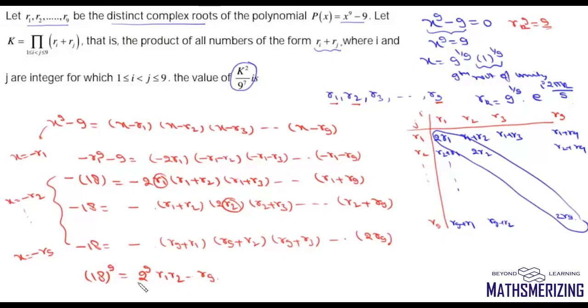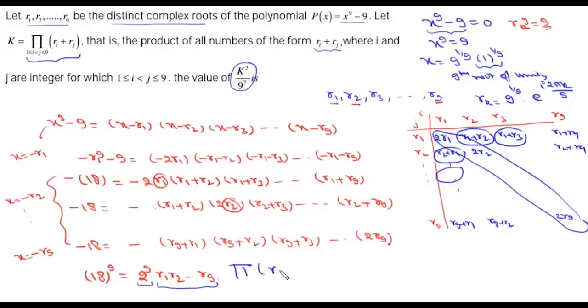So here we have these 9 products, which is 2r1, 2r2 and 2r9, which we can write as 2 to the power 9, r1 into r2 into r9. And then we have this product, which is r1 plus r2 and then r2 plus r1, r1 plus r3 and r3 plus r1. So that means here I'll get the product of ri plus rj, where i is unequal to j.